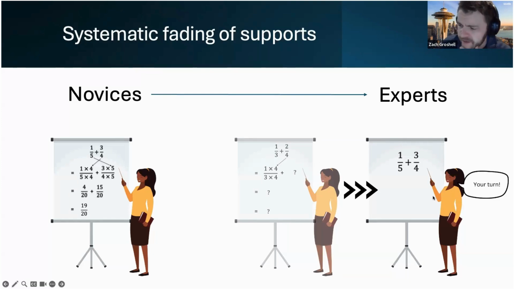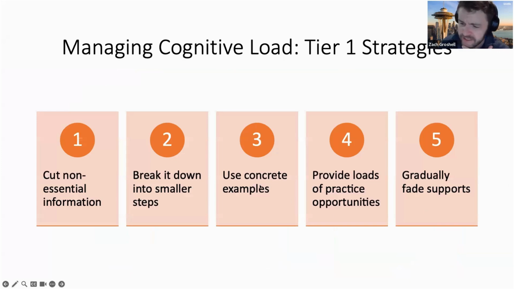Over time, researchers have started to codify some of these strategies, like these that I put on your screen, around this idea of managing cognitive load, the working memory load that is imposed by the instructional design.